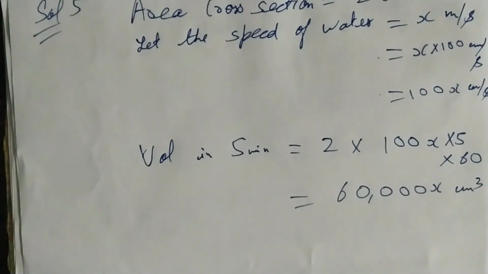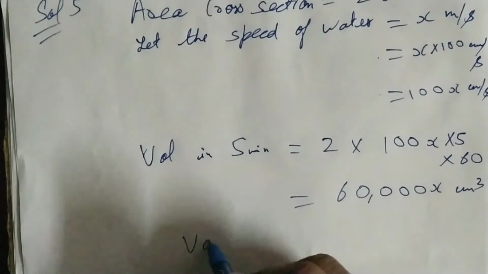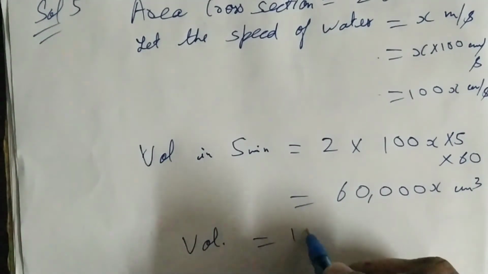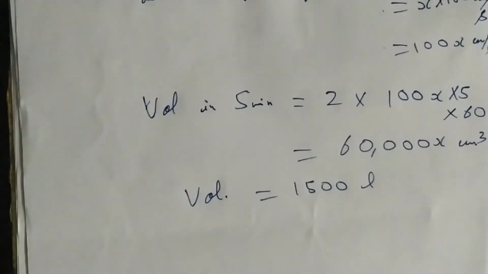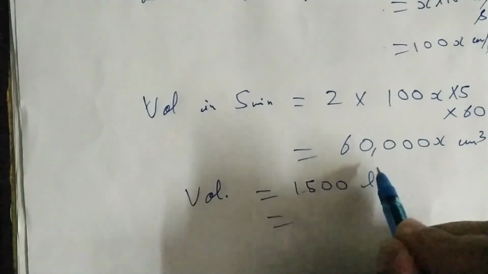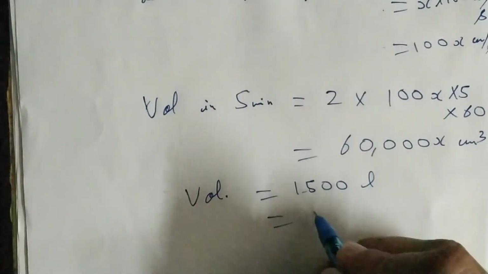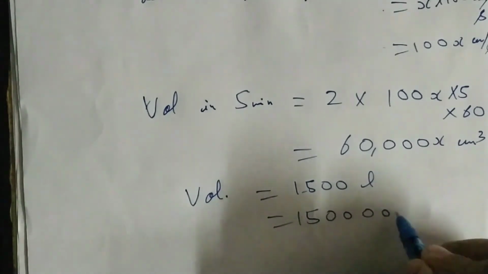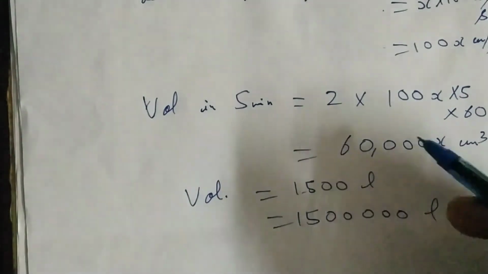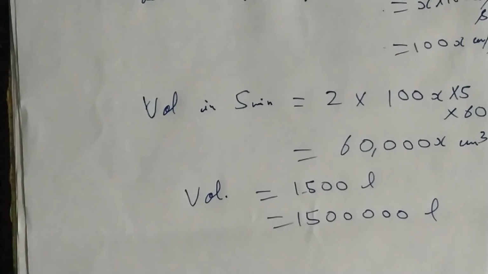So this is the volume transferred in 5 minutes. But in the question it is given that the volume transferred is 1500 liter. So if I want to change this liter into centimeter cube, I will multiply it by 1000. That will be 3 more zeros. Now on comparing we will find the value of x.